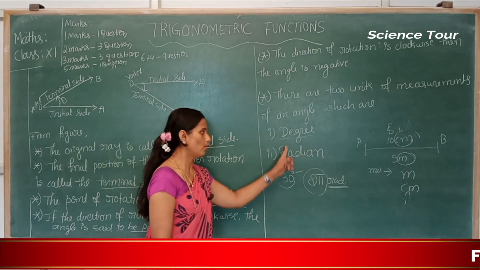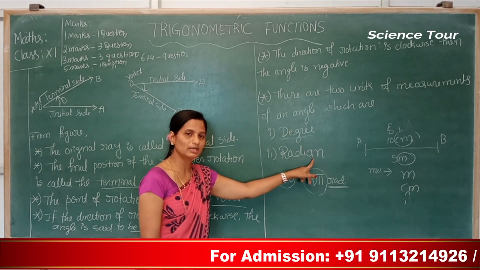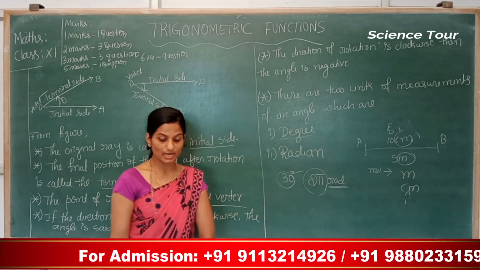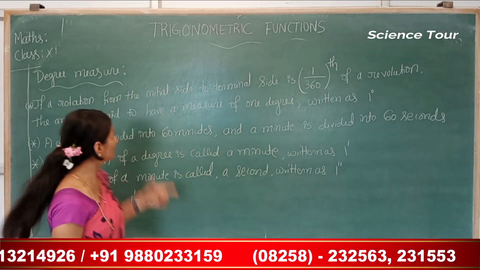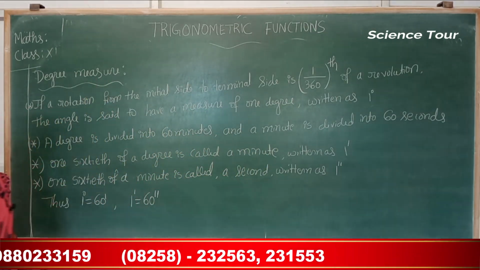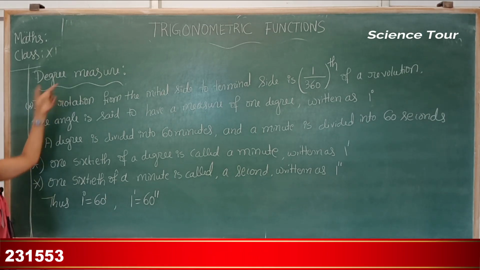This is important now. Conversion of degree to radian to degree is very important for 2 marks. Now first we will discuss degree measurement. So first we'll see the definition of degree measurement.